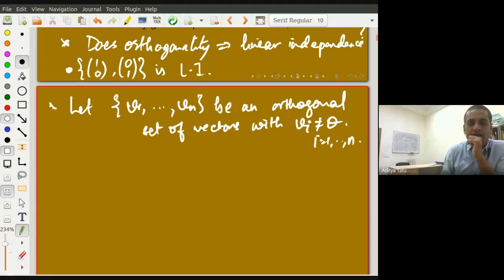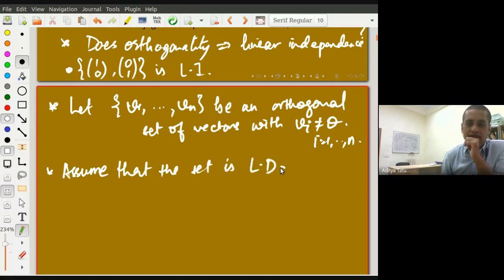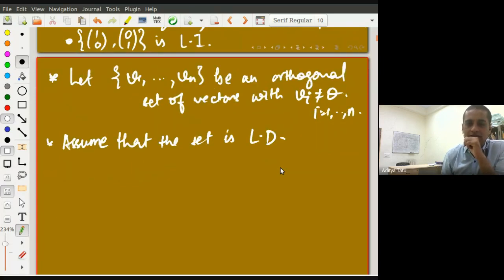And let's assume that the set is linearly dependent. So by the definition of linear dependence, what does that mean?